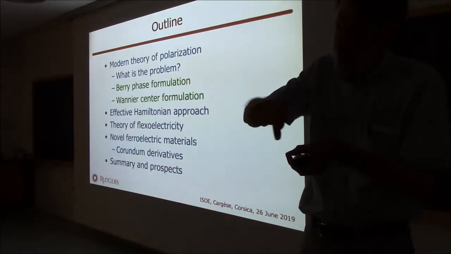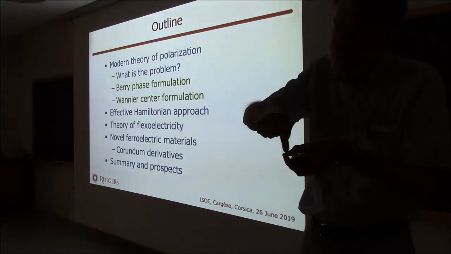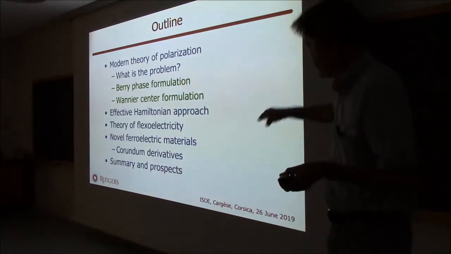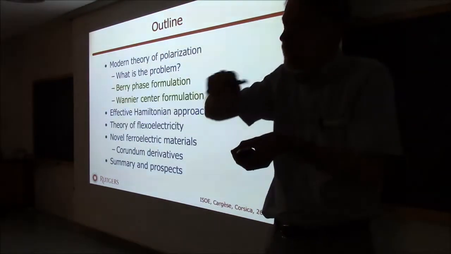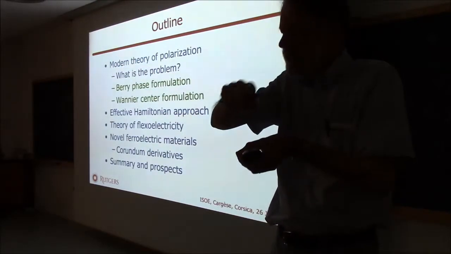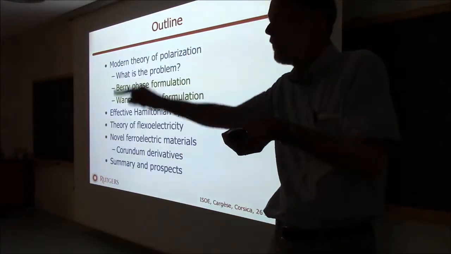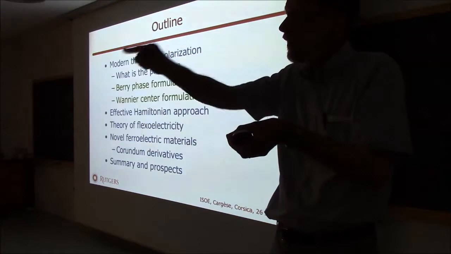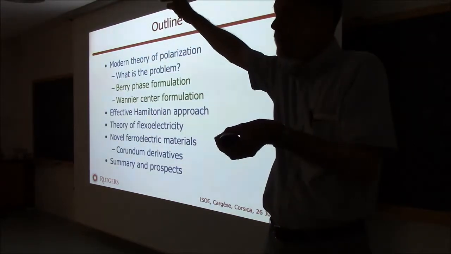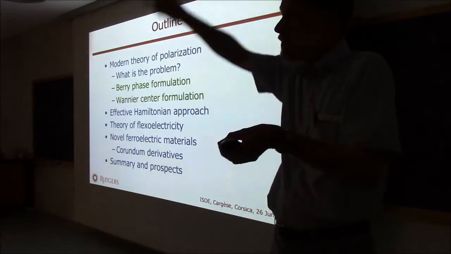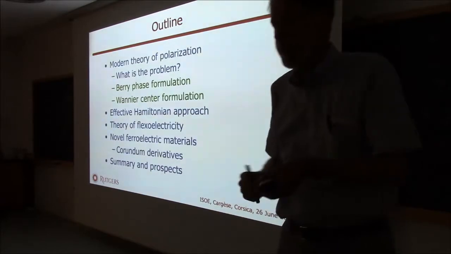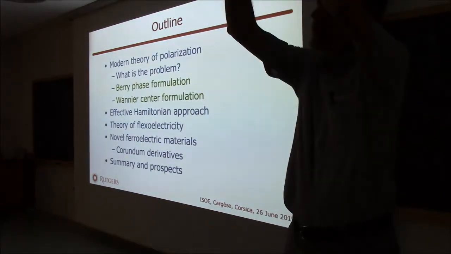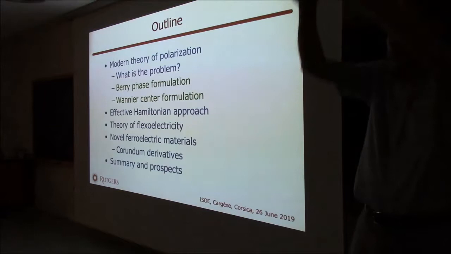But if you actually follow what happens to the Berry phase, as you follow the change, let's say it starts from 0, it can go up a little, down a little, and come back to 0, or it can go up a little and end up at 2 pi. So in other words, if it changes by 2 pi, then what you've done is you've pumped one whole electron vertically from one unit cell to the next unit cell.